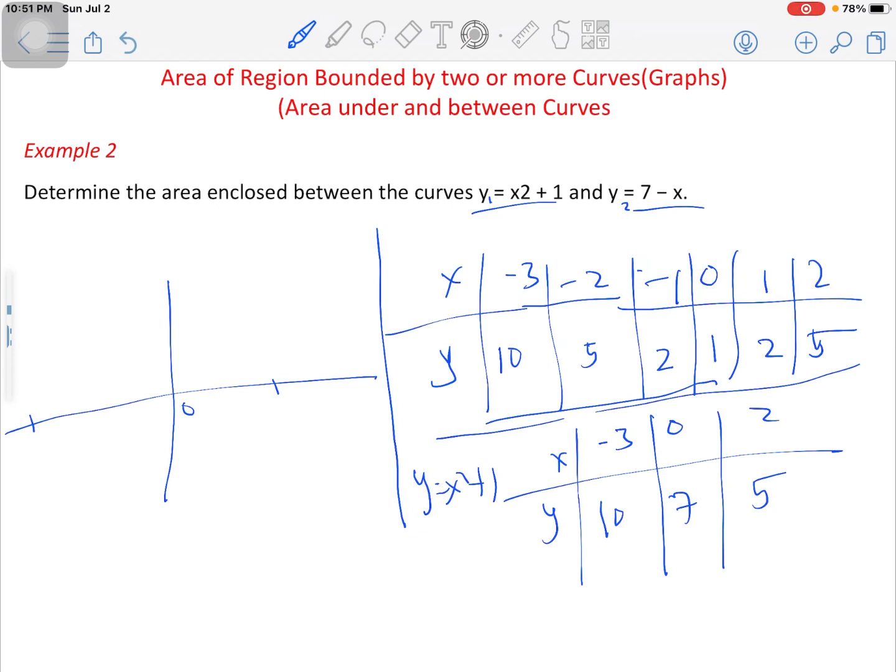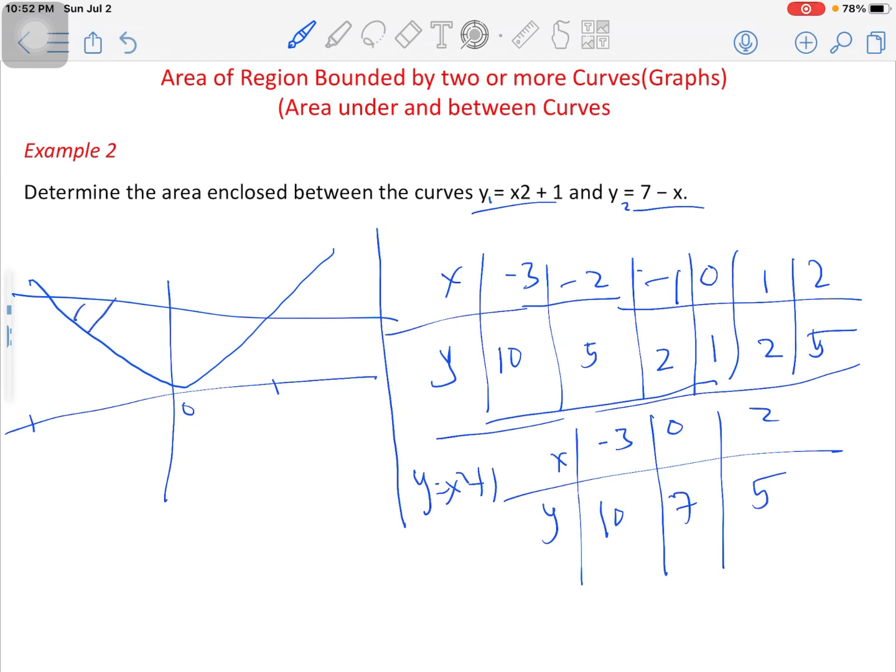So doing that, now let's come to each of them. The x squared plus 1 is a quadratic function, and when we plot it, you are supposed to get a minimum parabola, something like this, and then the straight line is going to look something like this.